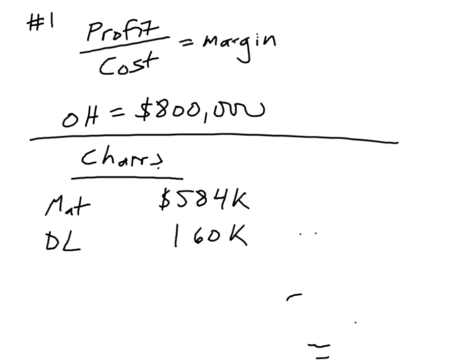So if you do your 800,000 overhead divided by direct labor. Now, direct labor is 160,000 for chairs and 340,000 for desks. So total direct labor is $500,000.